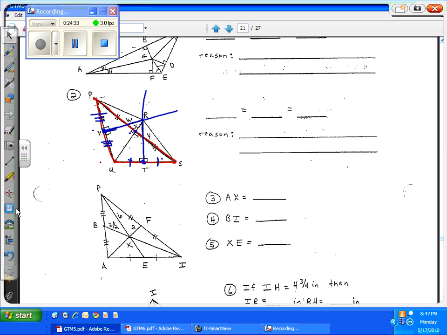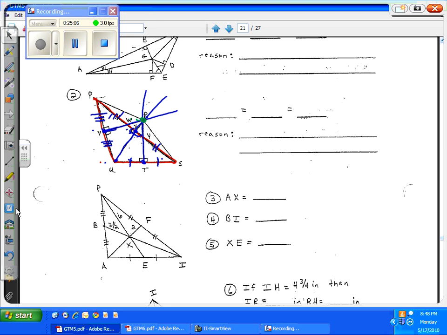X is the midpoint of this side. I'm having trouble keeping things oriented here. And so UR is the perpendicular bisector of that side. Now notice that the point of concurrency is not even in the original triangle.